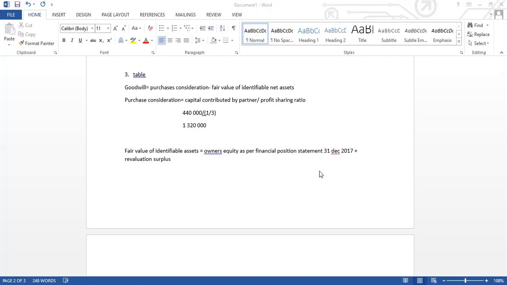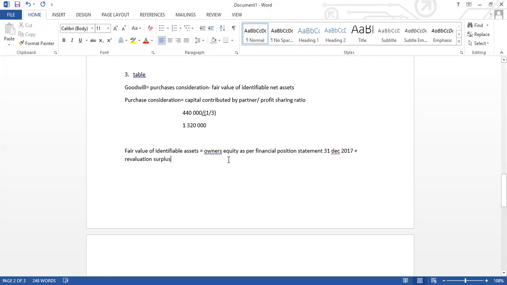And then you add your revaluation surplus. And if it was a loss, let me say it was a deficit on revaluation, then obviously you have to subtract. But in this case, we made a profit on revaluation, so it will be revaluation surplus.